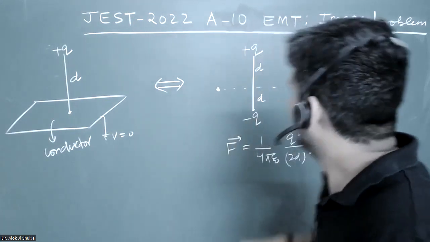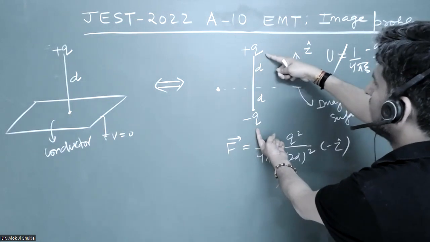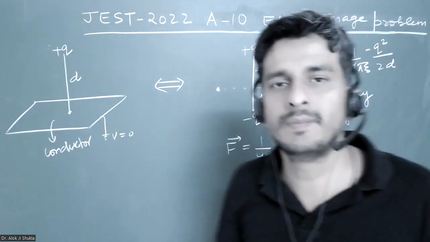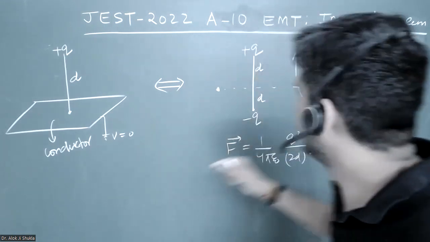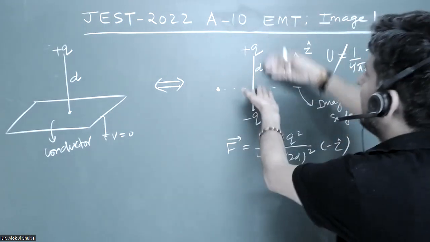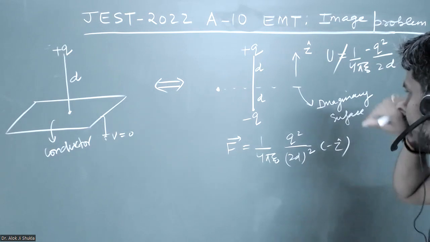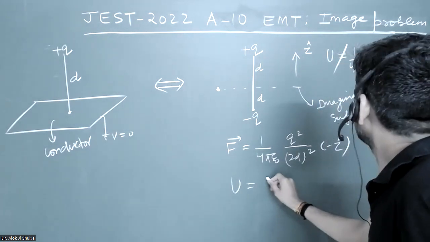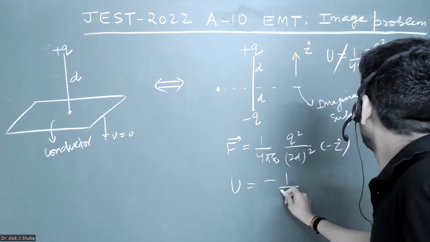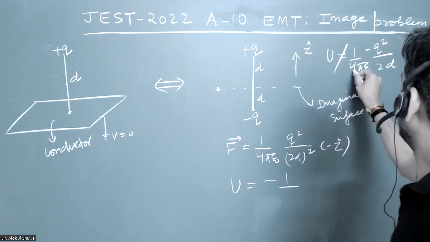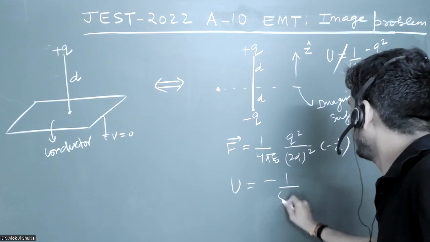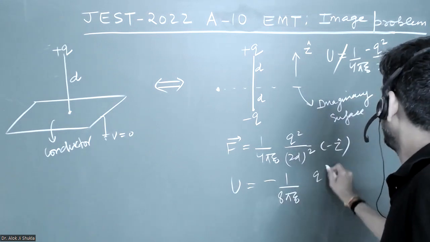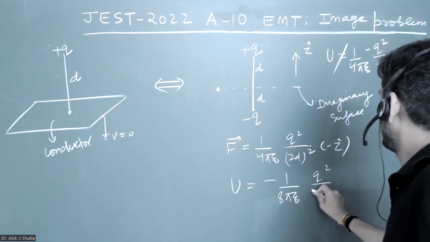So that's why when we calculate energy using this charge also, you will get a wrong sense of energy. This can be a common mistake that you can make. So actually, the energy is just half of it because of the single charge involvement. So I can tell you the answer, that will be equal to minus 1 by, in place of 4, just put 8 pi epsilon naught, and q square by 2d.